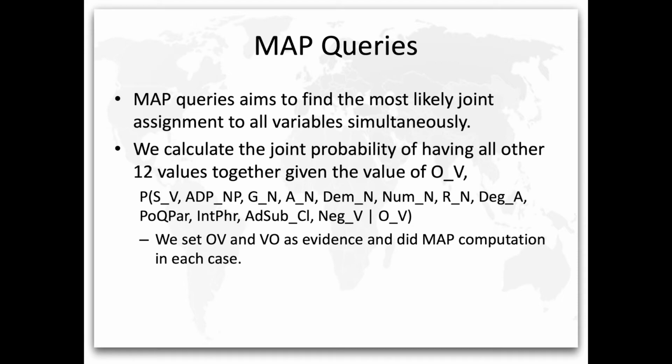Next are MAP queries. MAP queries aim to find the most likely joint assignment to all variables simultaneously. Here we did a MAP calculation conditioned on the value of OV.